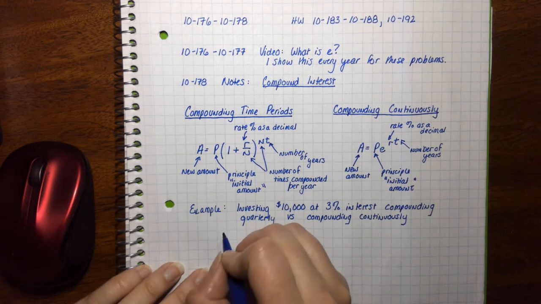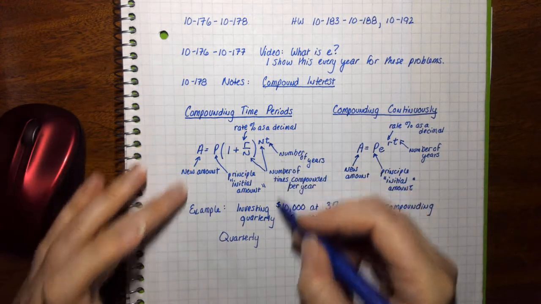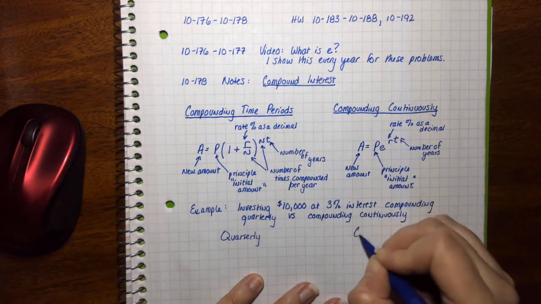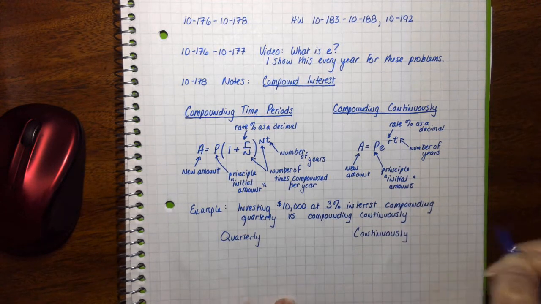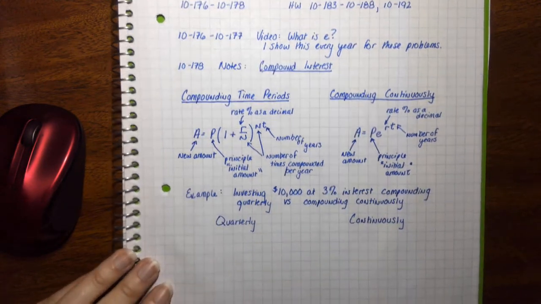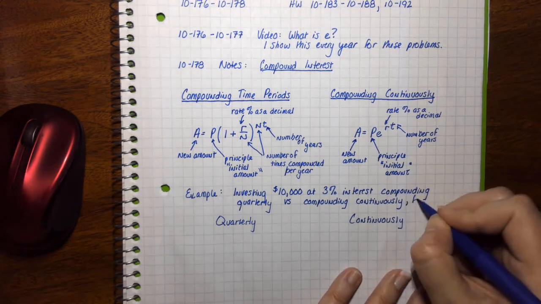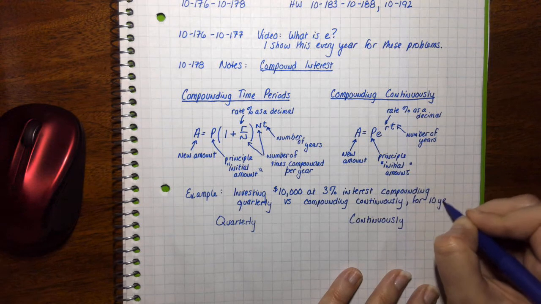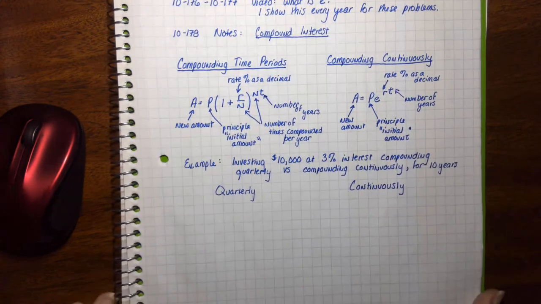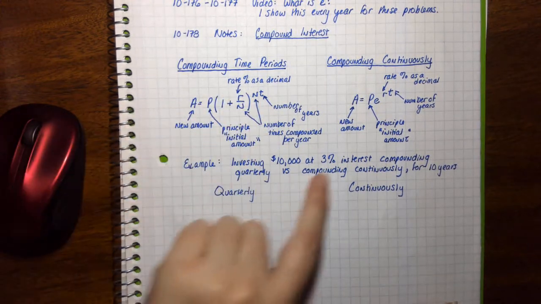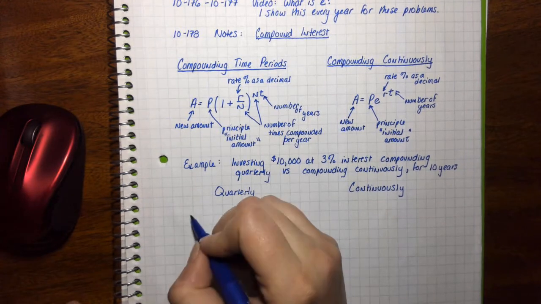Okay, so first we're going to do quarterly here. We're just going to line it up straight underneath the formula, and this is continuously. Okay, and we're going to take these things in here, for 10 years. It's kind of necessary. Alright, so I'm going to plug these values into the equation, and then I'll show you about order of operations.